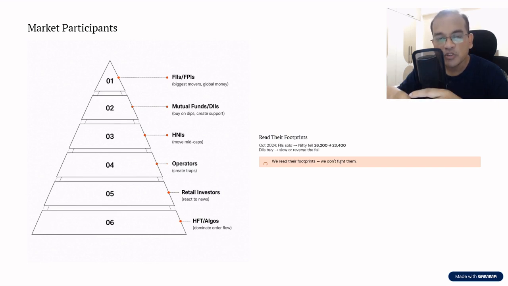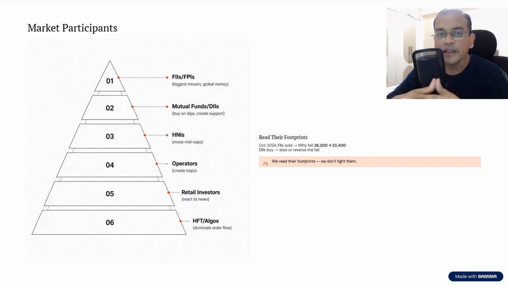This is a pyramid which shows them, which has the FIIs or foreign institutional investors or the foreign portfolio investors. These are the biggest movers, and this includes the global money as well. And the mutual fund houses, like we have the HDFC mutual fund, the SBI, or any mutual fund for that matter. These are the domestic institutional investors. They have large pools of money where they generally buy on dips, and they create support or resistance levels.